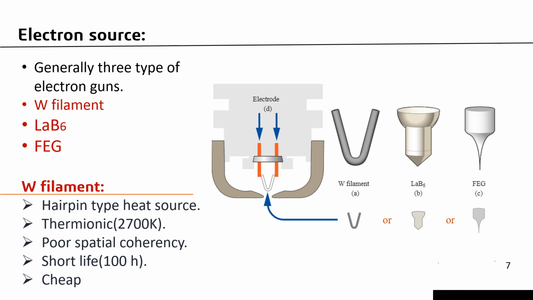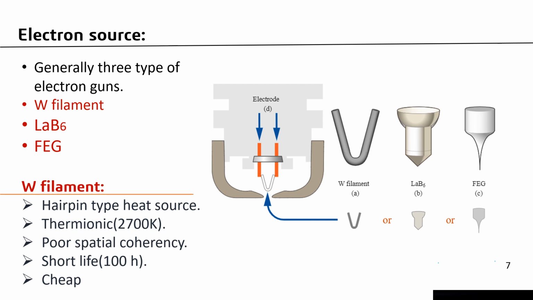Number one is the tungsten filament. This is a hairpin-type heat source, as we also see in the picture. It is thermionic in nature. Thermionic means electrons are emitted from the material at high temperature.